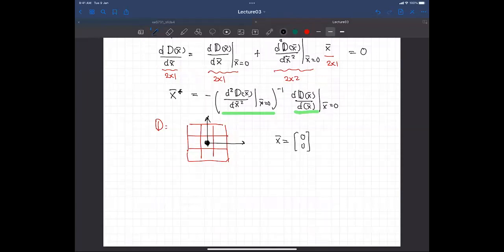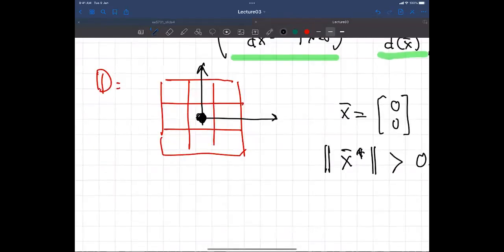Now, when you have x bar star, the true location, if the magnitude of this is greater than 0.5, where will it be? So this one exactly in the middle is 0, 0. 0.5 is actually referring to this one.